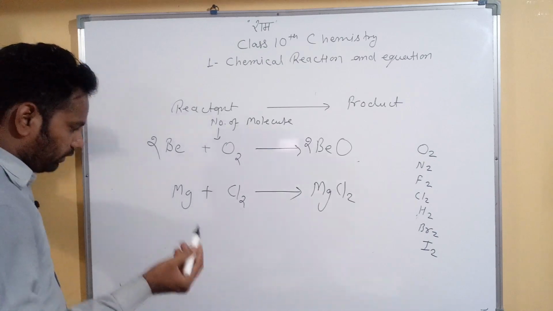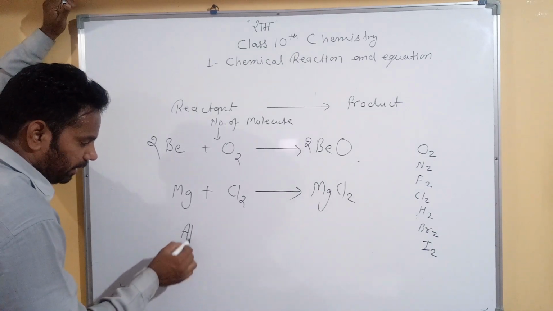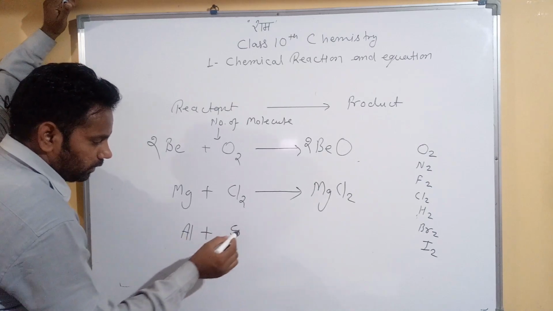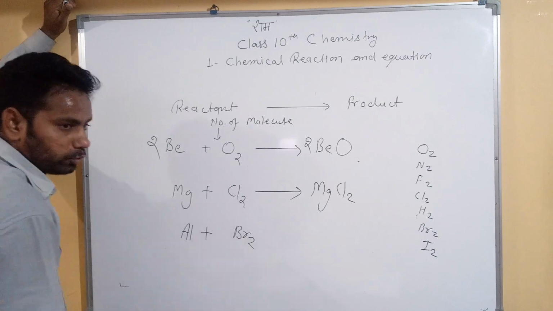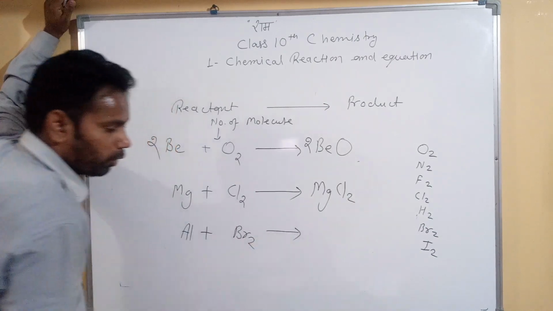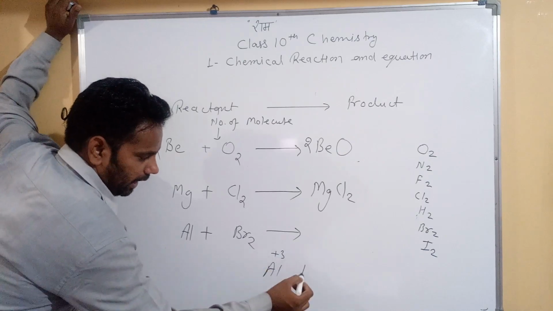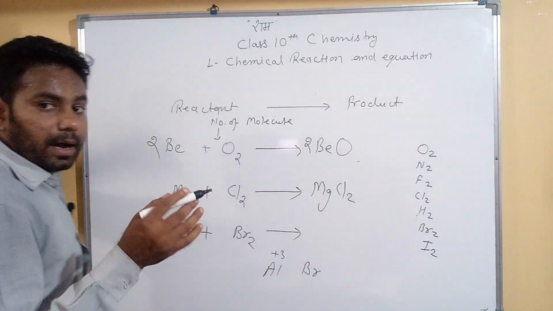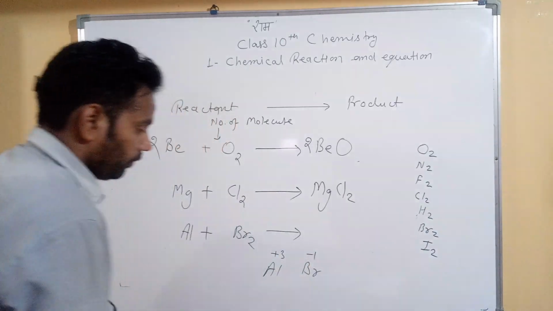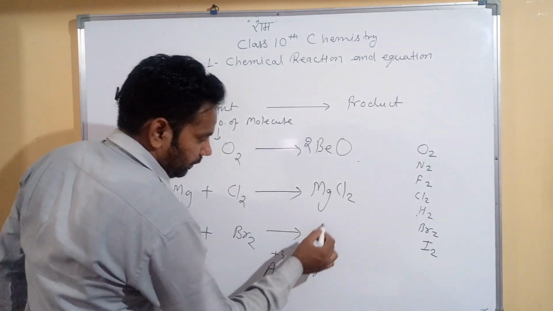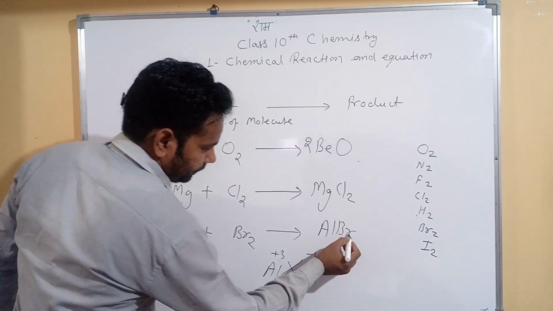We again take some more chemical reactions. If aluminium reacts with bromine, Br2, what is the formula of aluminium bromide? We know aluminium is +3 and Br belongs to group 17, so its valence is -1. So we cross multiply, so aluminium is 1 and Br is 3.